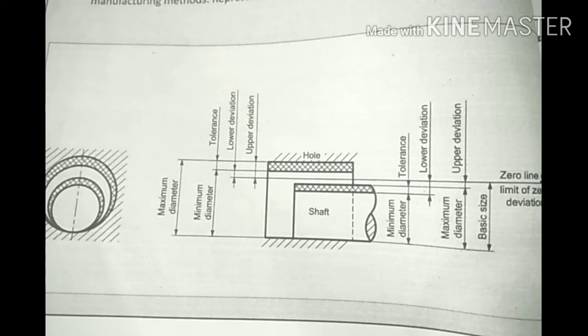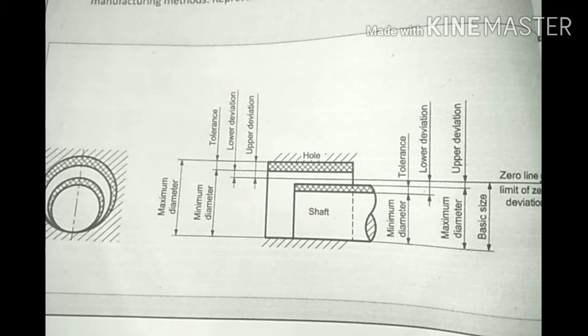Then limits of size, here given to us, that is upper limit, lower limit. The limits of size means limits are the two extreme permissible sizes of a component between which the actual size of the component is contained.